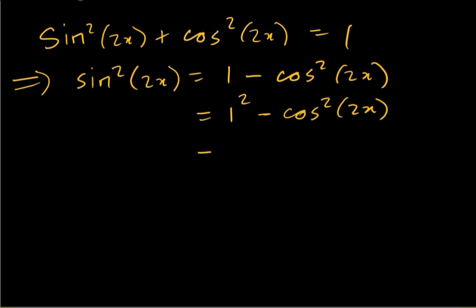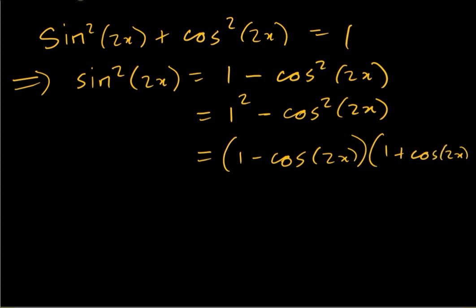We can write it as 1 minus cosine of 2x multiplied by 1 plus cosine of 2x. You can verify this by expanding this bracket, but you'll see that it is correct.